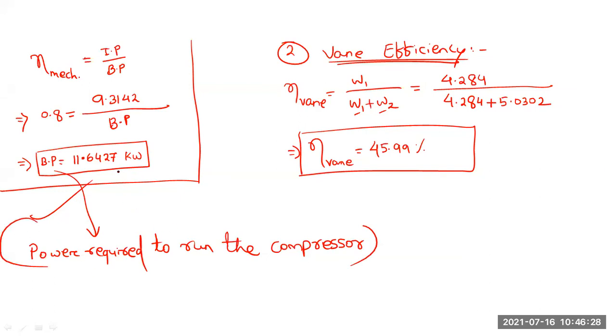In this way, we have calculated the brake power or power required to run the compressor, and we have calculated the vane efficiency, 45.99%, or approximately 46%.